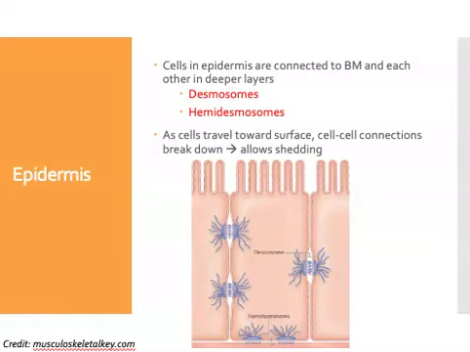These connections have to literally break down in order to allow each individual cell to move upwards through the epidermis until they reach the top layer where they will eventually be shed off. And remember, the time involved from the birth of a brand new keratinocyte to the time that it is shed off from the top layer of the skin is about a month.